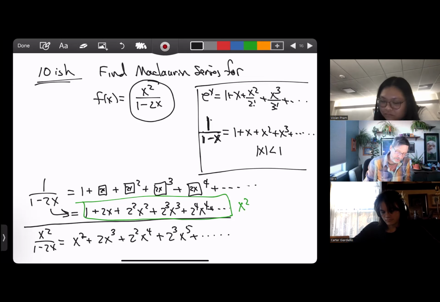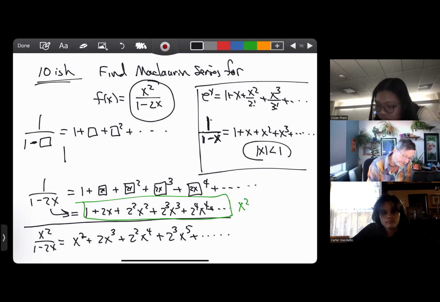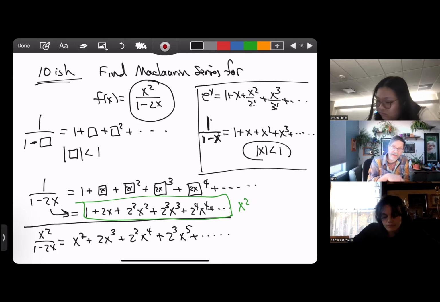Let me help you with some other stuff here: the radius of convergence. Lou, again, that box is going to be a parenthesis. That formula is valid when the common ratio is less than 1 in magnitude. What do we have in that box?